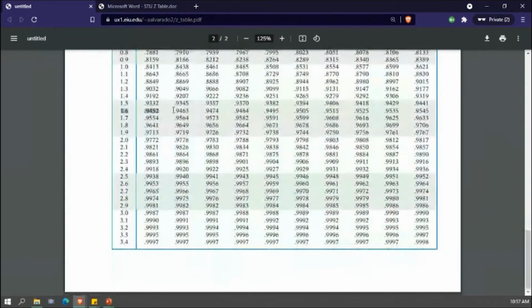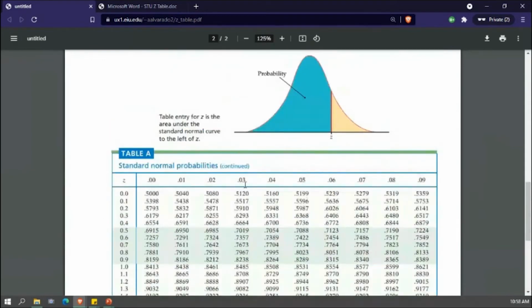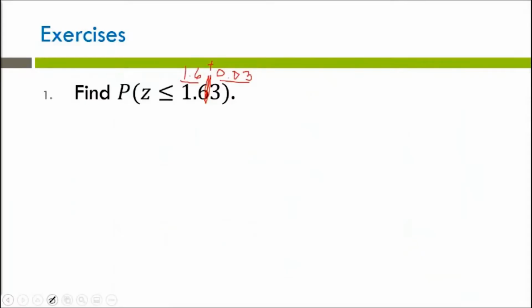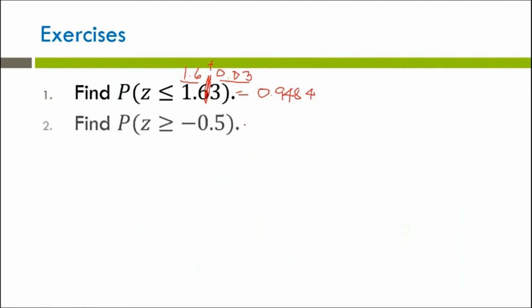Here you have 1.6. We just have to look for the 0.03. The 0.03 is in the fourth column, and that is 0.9484. So the probability here is equal to 0.9484.